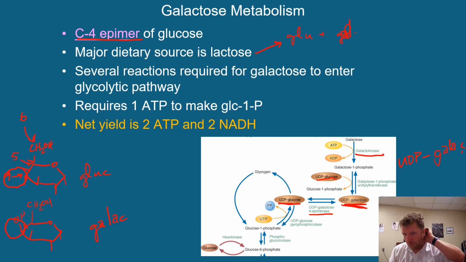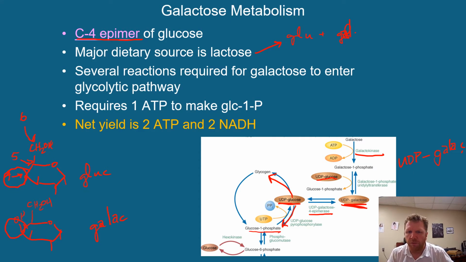Now that UDP glucose has effectively two different fates. One fate is that it goes to be stored as a part of a glycogen molecule. Another fate is that it's acted upon by UDP glucose pyrophosphorylase, that UDP is removed, and you produce glucose 1-phosphate.